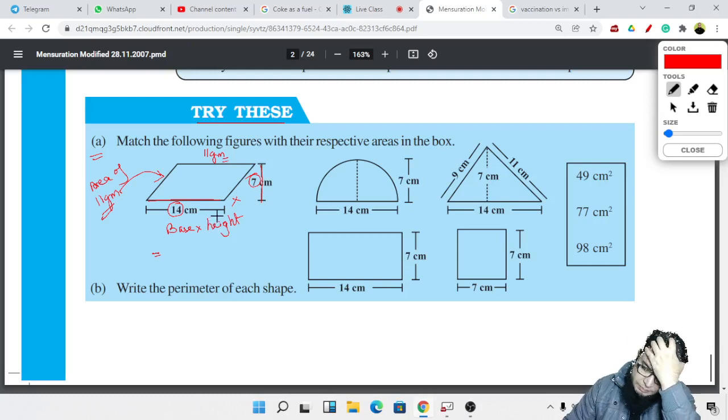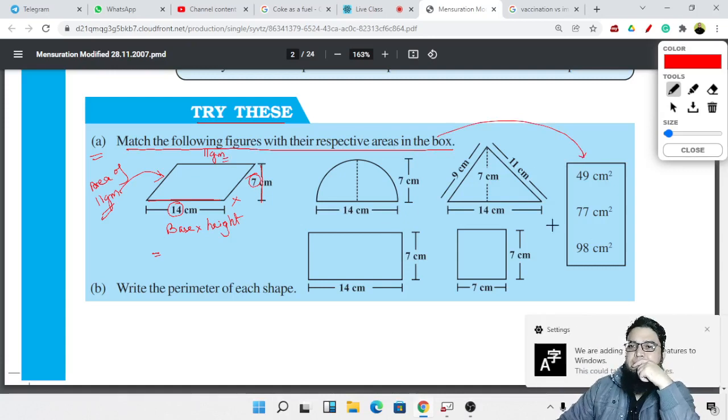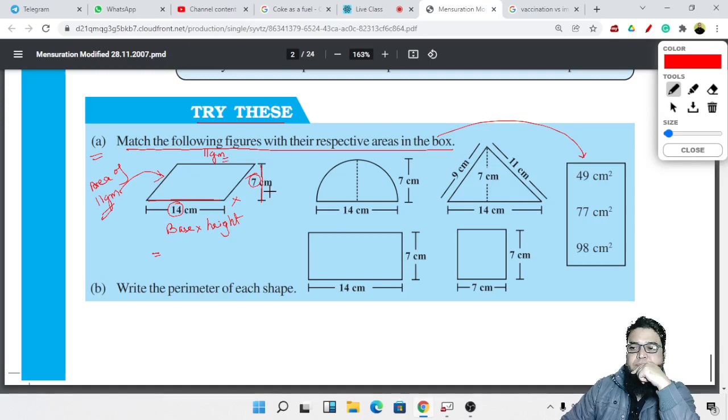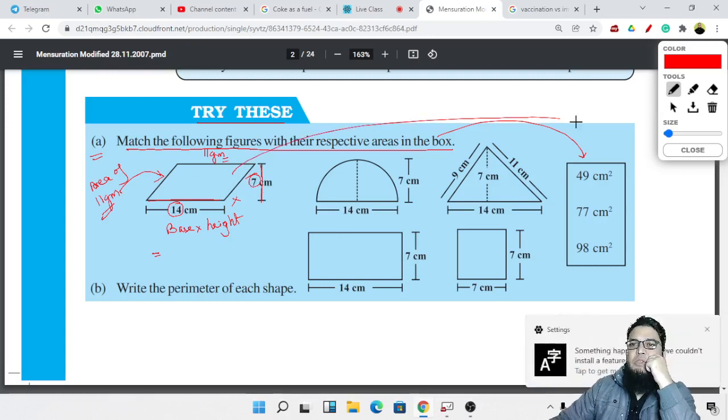Figures of the answer. We have to match it, no? Match the following figures with their respective areas in the boxes. Yes, 98 centimeter square. 98 centimeter square.